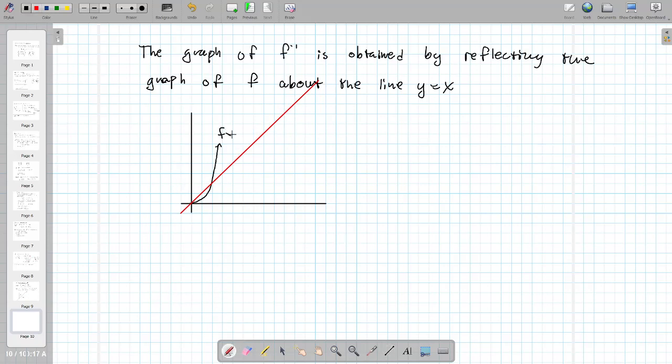So if this is f of x, then f inverse of x will look like this. Instead, you just take it and reflect it about the line. Now, notice that any point that's on the line actually doesn't change. So this point that is on the line y equals x is on both curves. Similarly, (0, 0) is also one of those points.